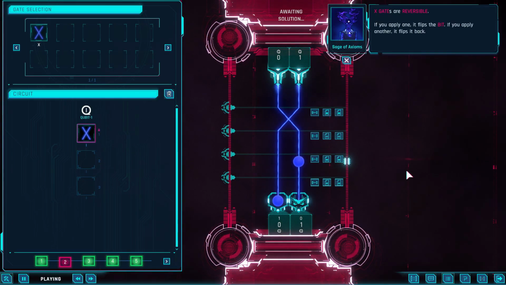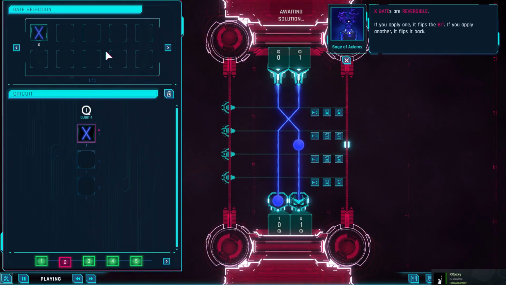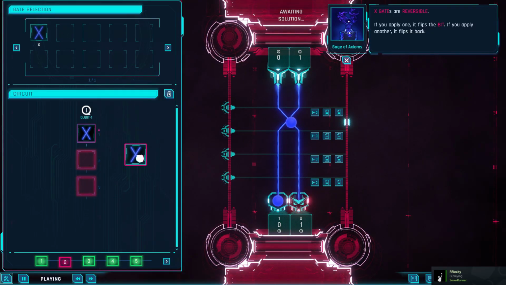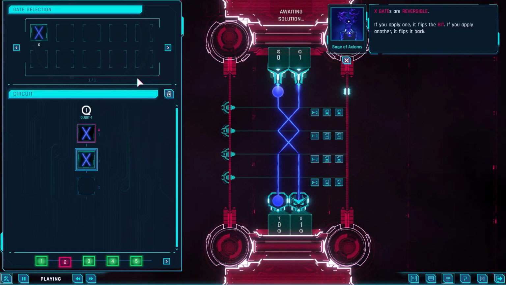And now we see a similar puzzle to the last, but now the result that the forge wants us to find is to have the outcome be in the 0 state. And that's easy enough. The X gate is reversible.